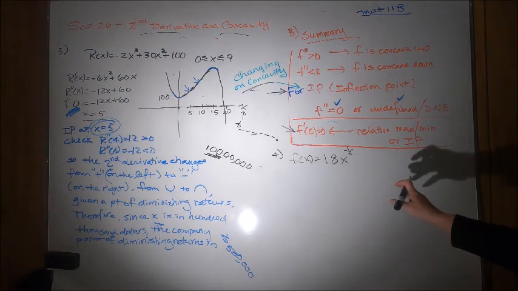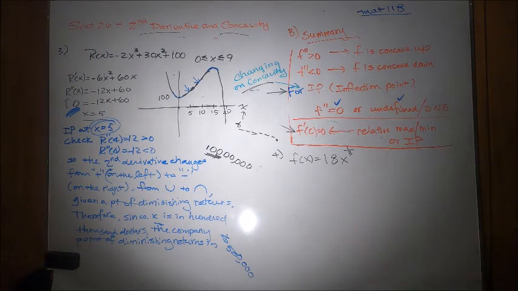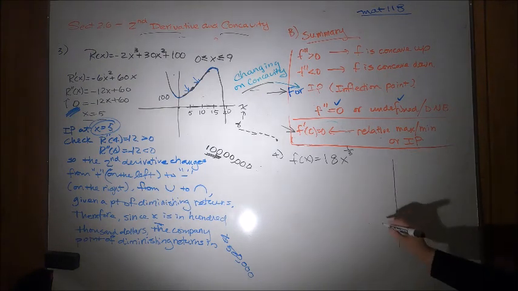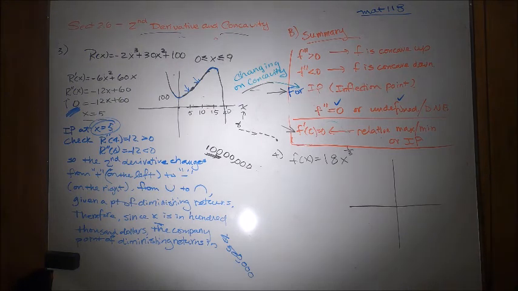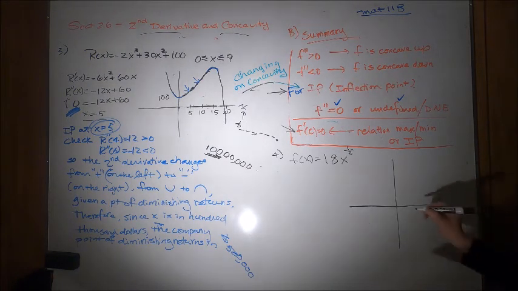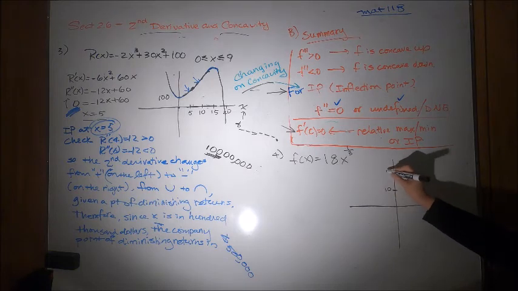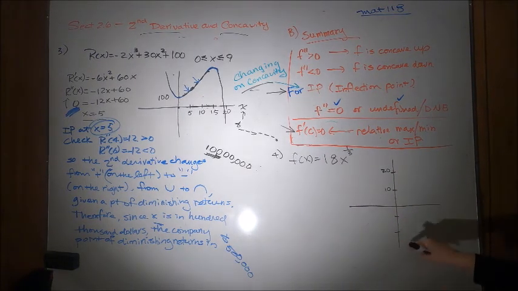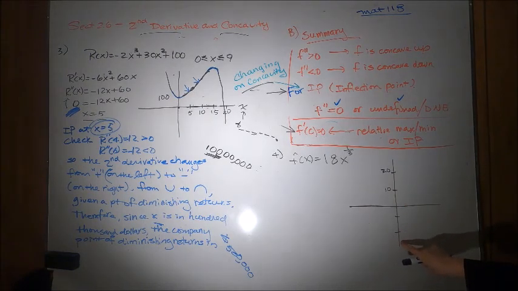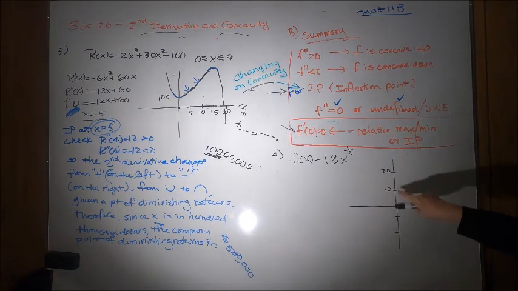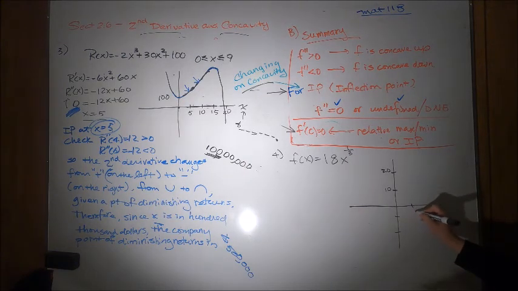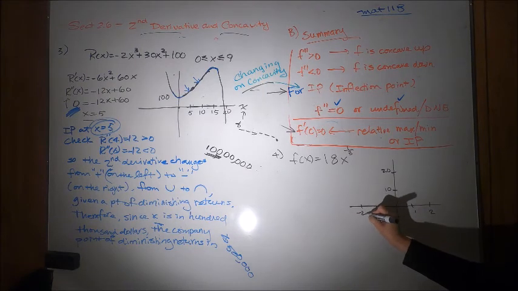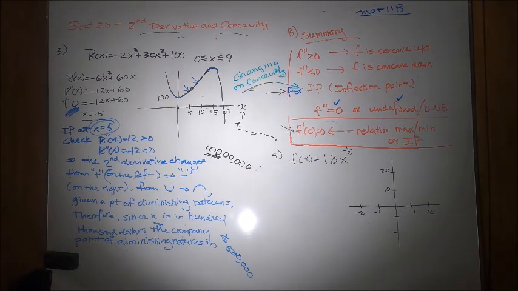If you have this function, what do you do? You graph it first, right? So use a range like negative 30 to 30 for y, then for x you use negative 3 to 3, things like that.